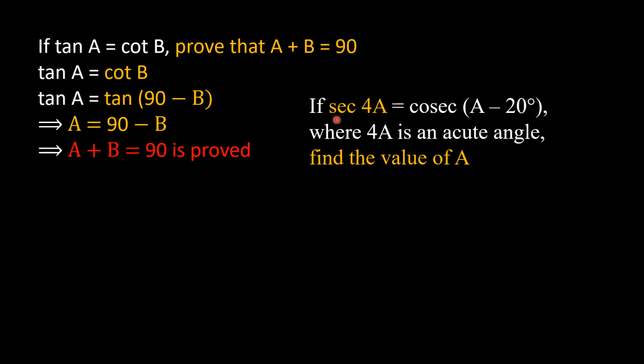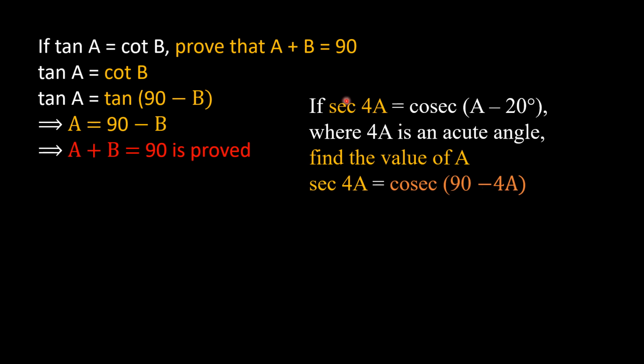Next, if sec 4A equals cosec A minus 20 degrees, where 4A is an acute angle, find the value of A. Here we can change sec to cosec or cosec to sec, but we will change sec to cosec. So we write sec 4A equals cosec 90 minus 4A.